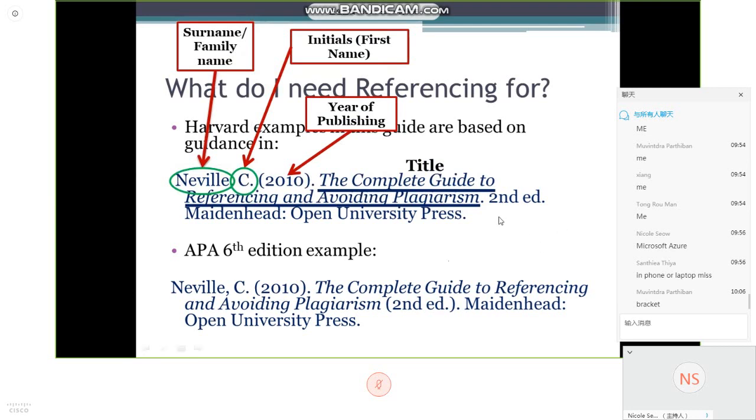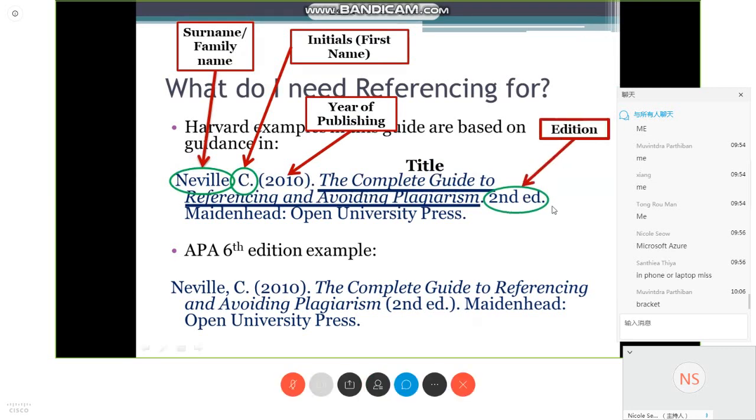If the web page has an article title, you must italicize it. Followed up with the 2nd edition, this is the book edition. There are many editions when it comes to books. You can have 6th edition right up to the 13th edition or maybe the 20th edition. Now, if the book writes the edition in words, they spell out this word as second, S-E-C-O-N-D.